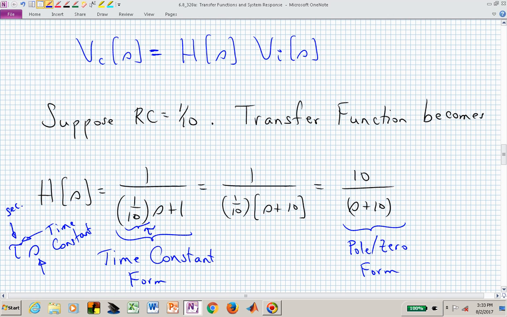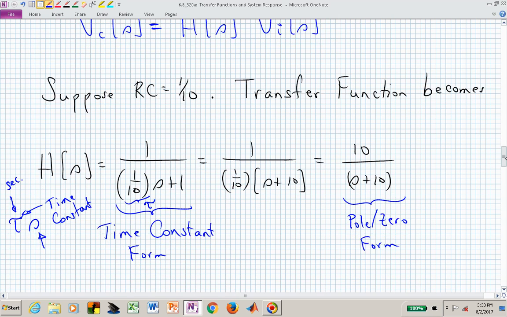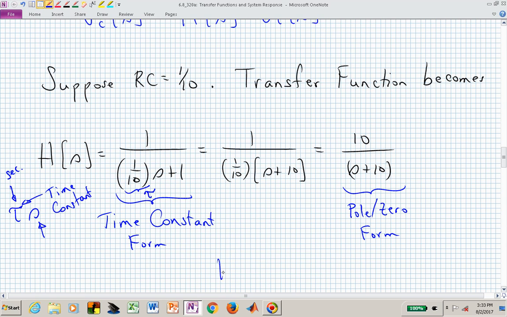Relative to this time constant form, we know what? If we wanted a 1% settling time corresponding to 5 time constants, now we have 5 times 1/10, or 1/2 of a second, and we would have actually reached our final value.